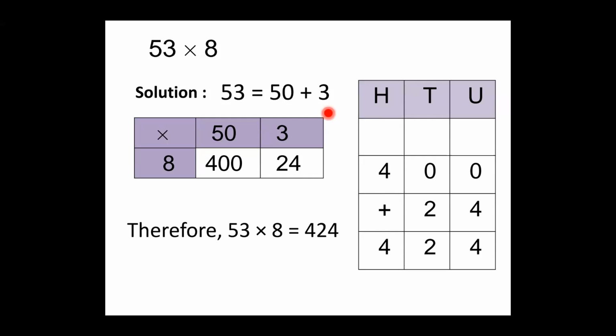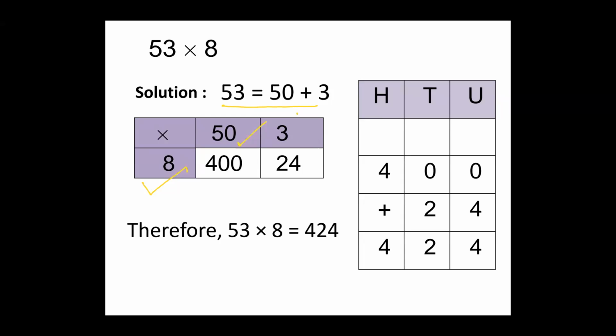The expanded form of 53 is 50 plus 3. Now we are going to draw the table and this expanded form we are going to place over here, 50 and 3, and we are going to multiply by 8. So we are going to write 8 over here.